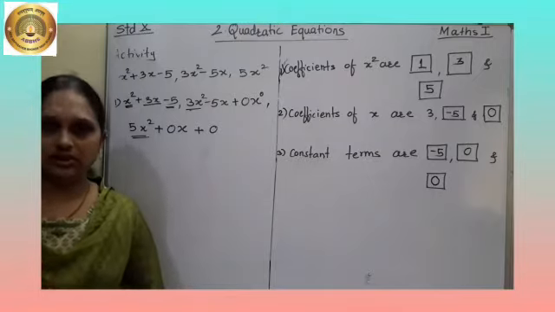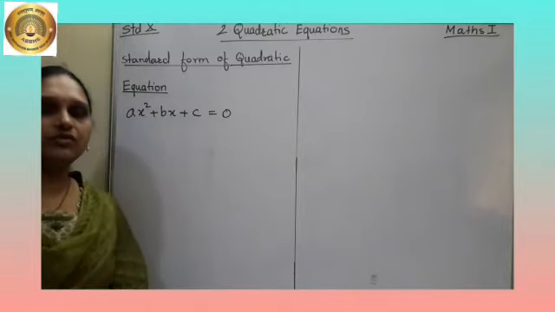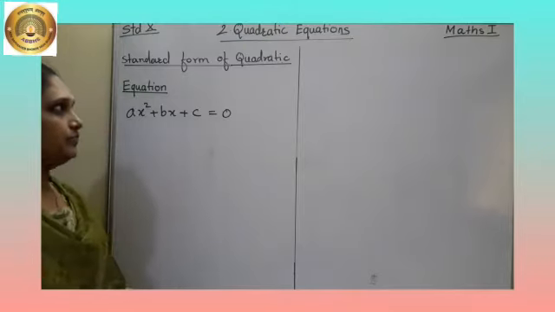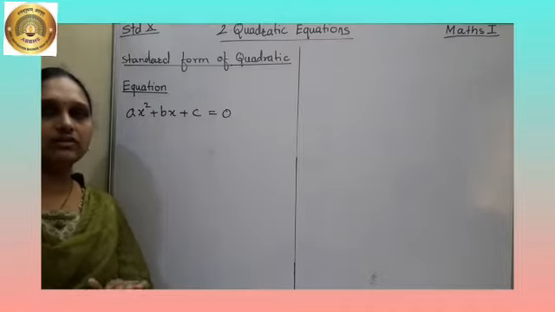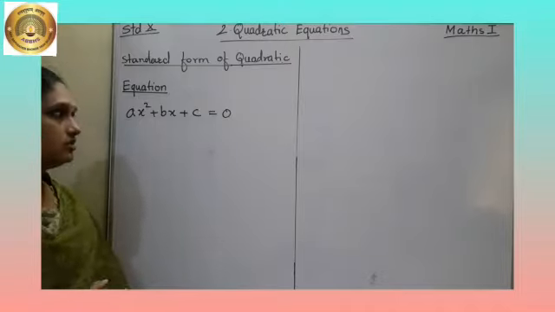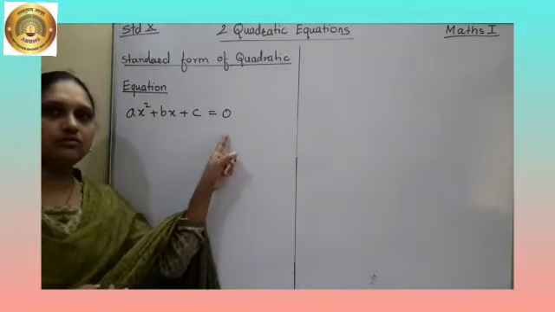Now let's see the next topic, the standard form of a quadratic equation. Always we have to write a quadratic equation in the standard form. Standard form means ax square plus bx plus c equal to 0.